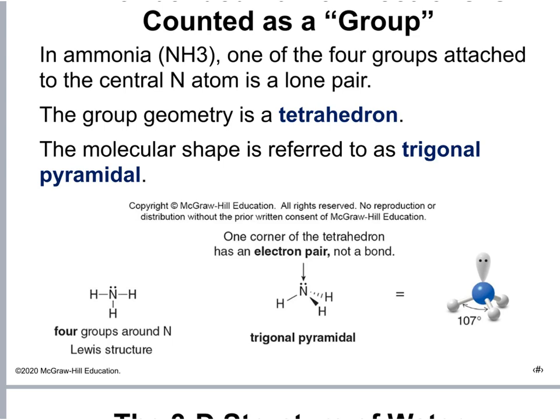Nitrogen, this is an sp3, because that would be 1, 2, 3 things, and so this is your plane, and this would be the wedge coming at you, and this is your dash going behind.